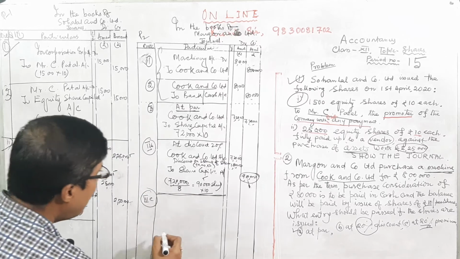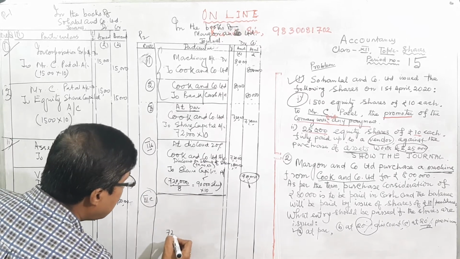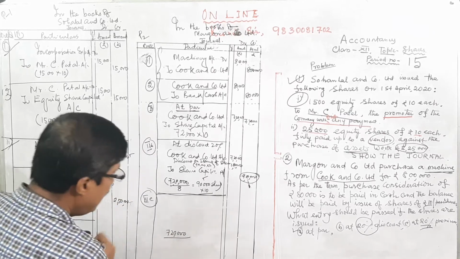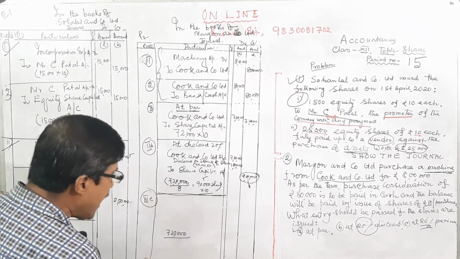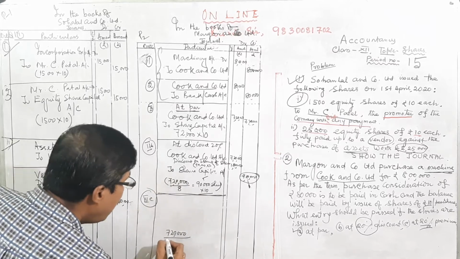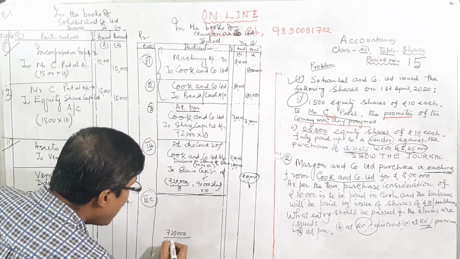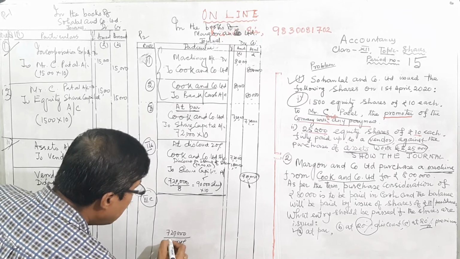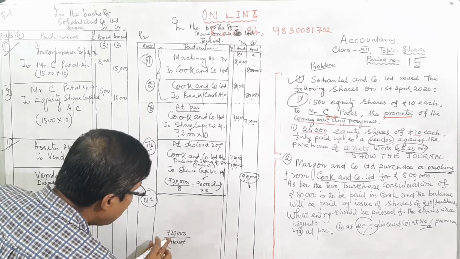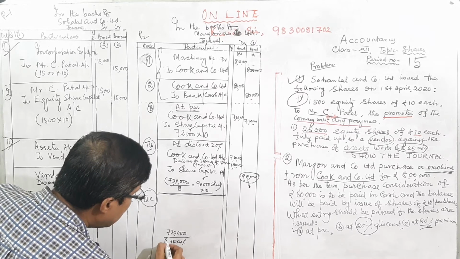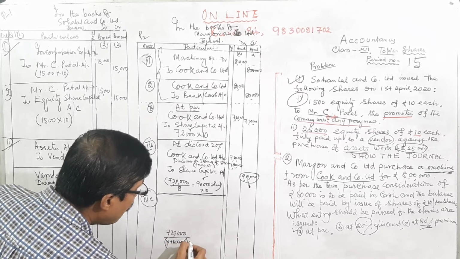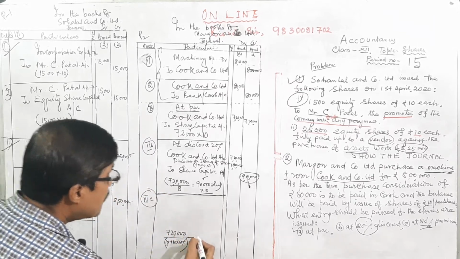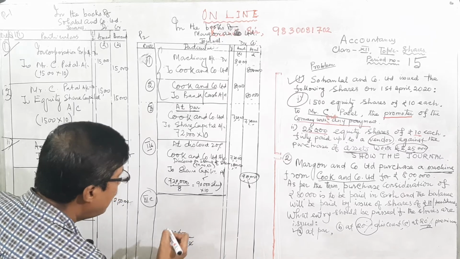Then how many shares? The due is 7,20,000. Share price is 10 plus 20%, that is rupees 12.